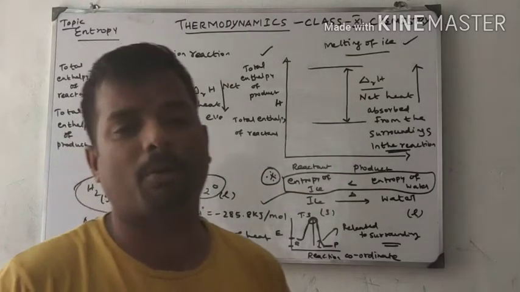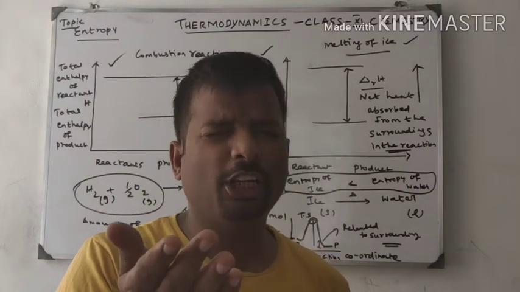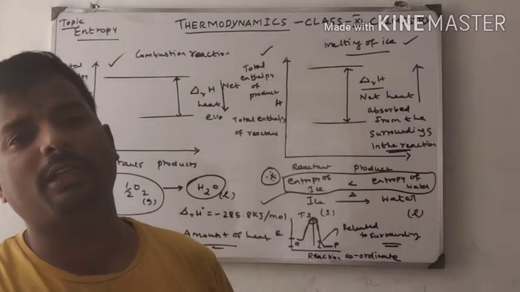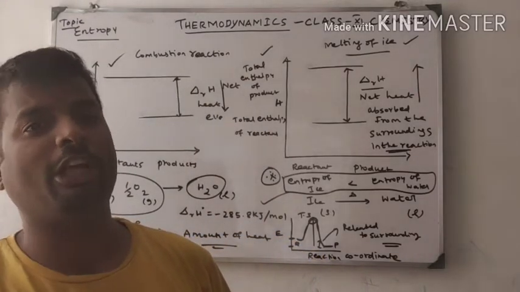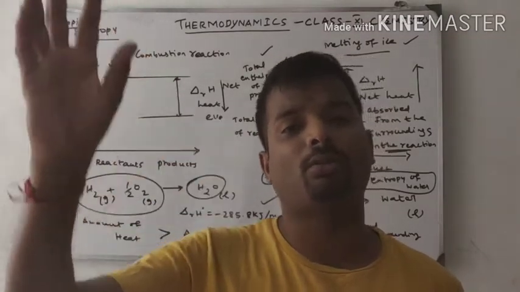During an exothermic process, the enthalpy of the reactant is more than the enthalpy of the product, because some amount of heat is evolved to the surrounding.